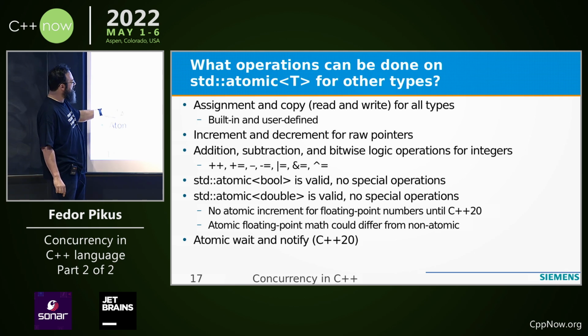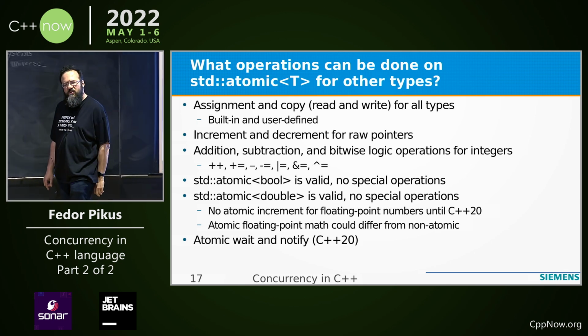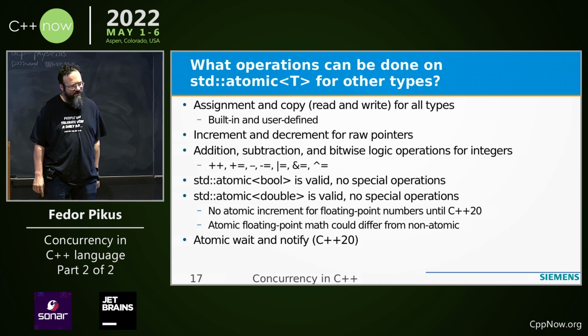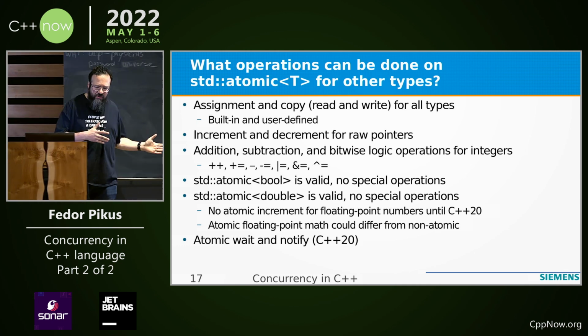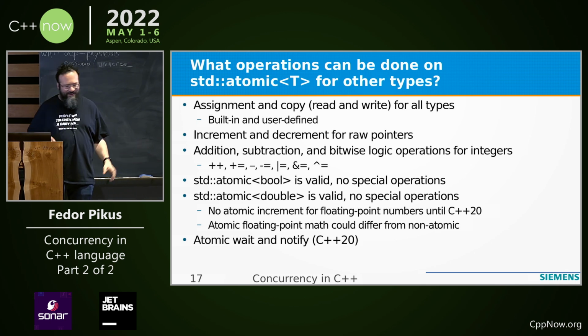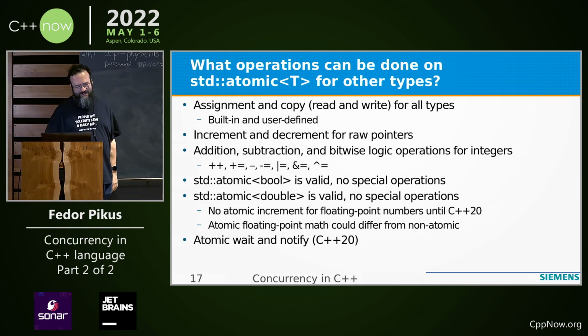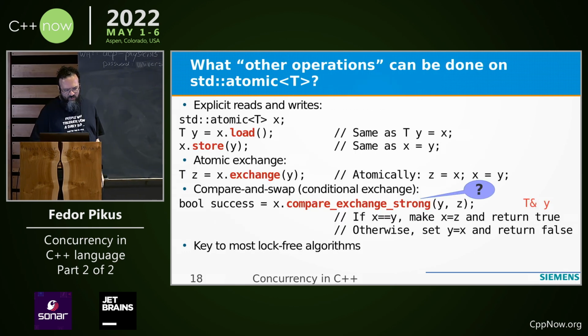And in C++20, we have atomic math on floating points, with the interesting caveat that it doesn't have to produce the same results as the non-atomic math, because it's a different hardware instruction. Atomic wait and notify, that I'll show you in a moment, were added in C++20.